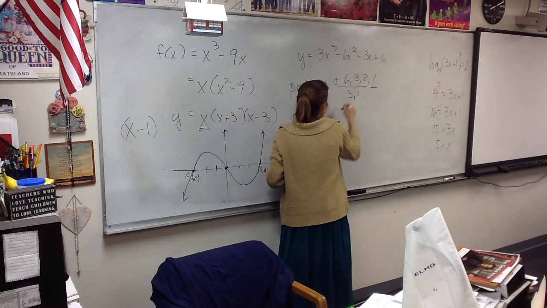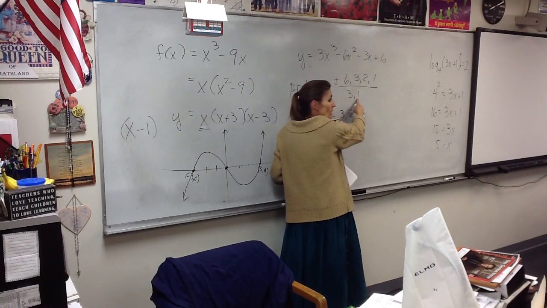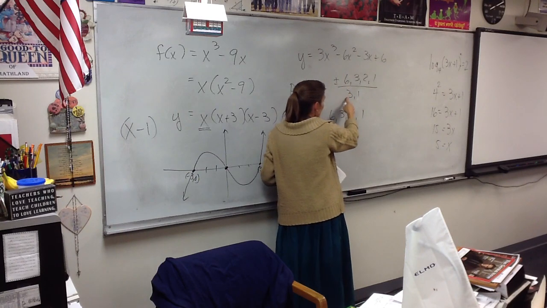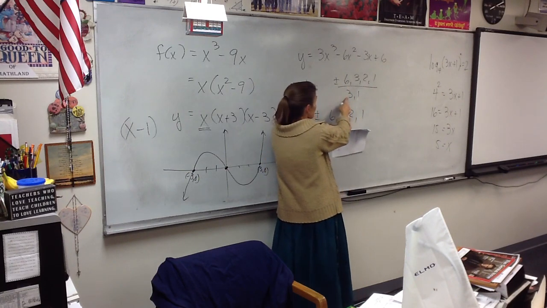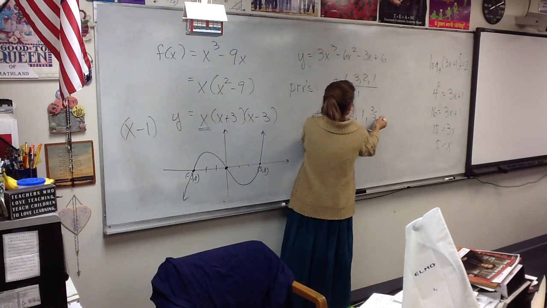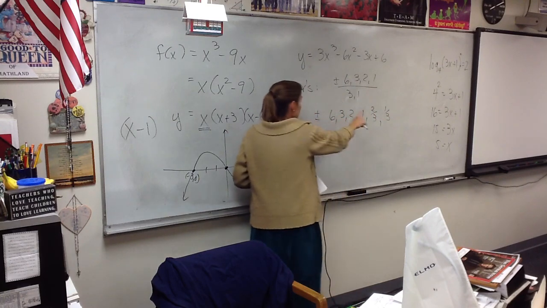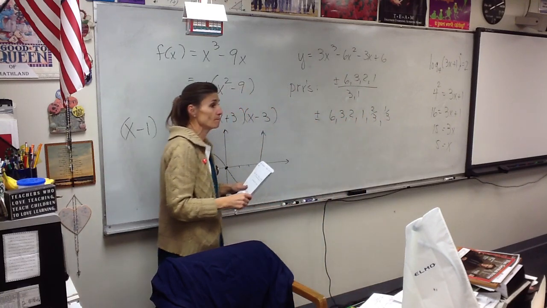We would have 6, 3, 2, and 1 all over 1. Then 6 over 3, which we already have. 3 over 3, which we already have. 2 over 3, we don't have yet. And 1 over 3, we don't have yet. So plus or minus all of those numbers.